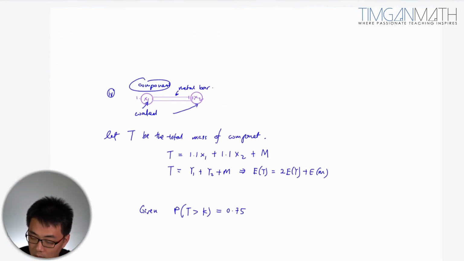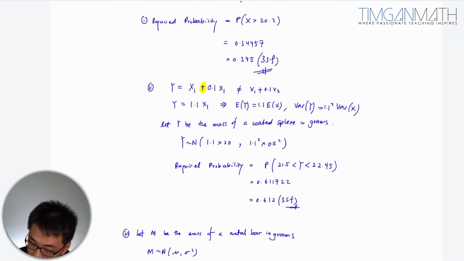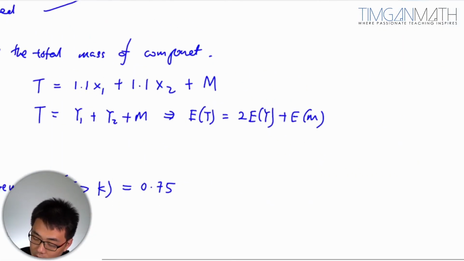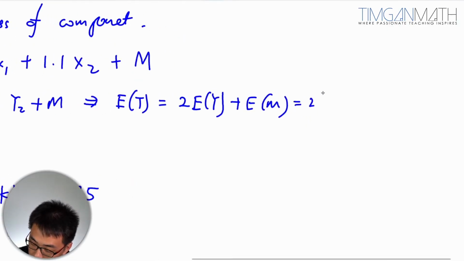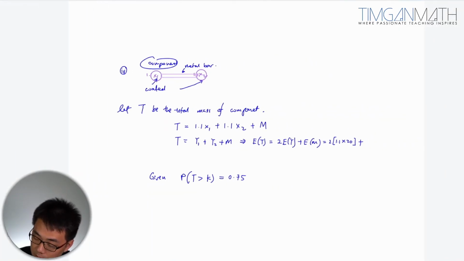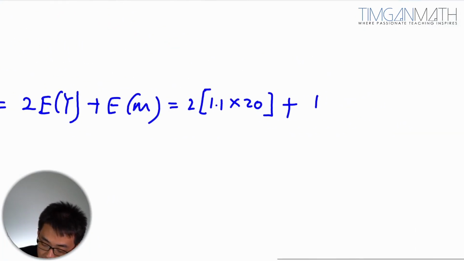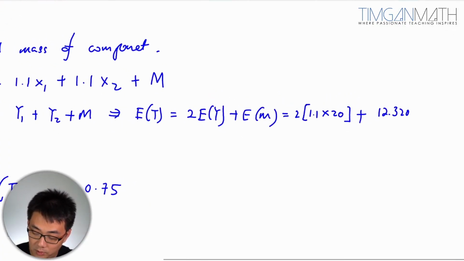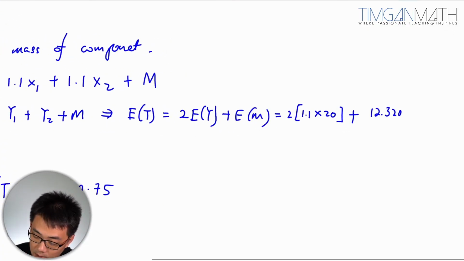So EY here is 1.1 times 20, plus EM, which we found just now, which is mu, 12.320. So use more than 3 SF. Alright, so that will be 12.320. There you go, just key into the calculator, should be a good answer. Then later I'll write down.